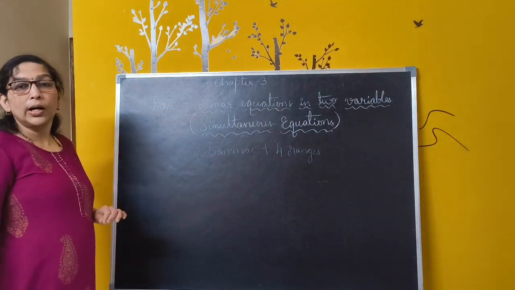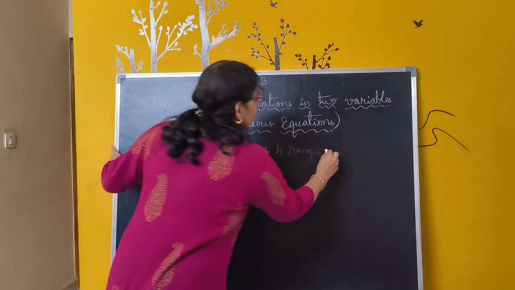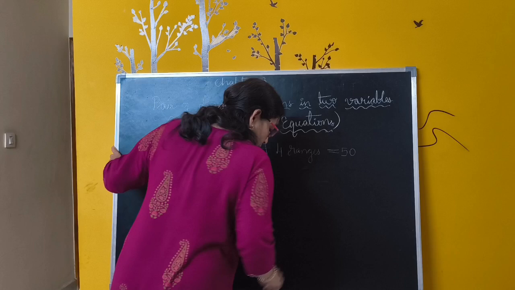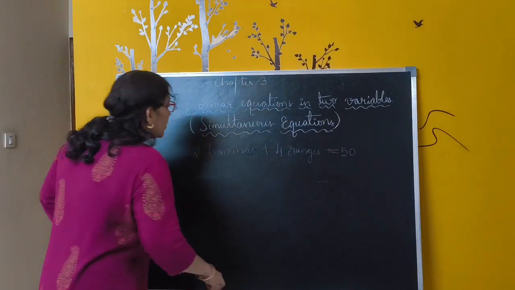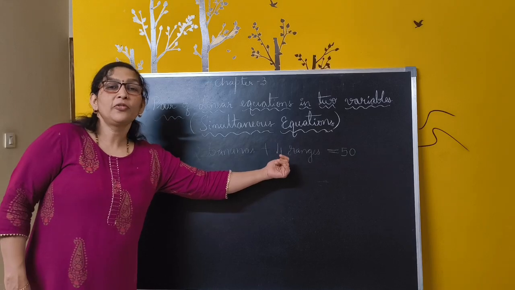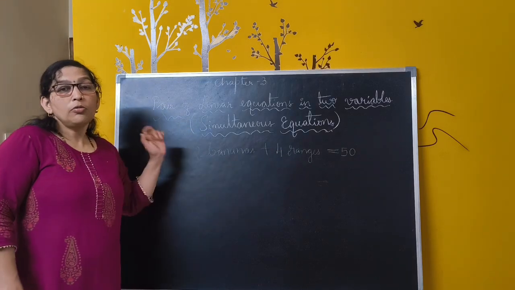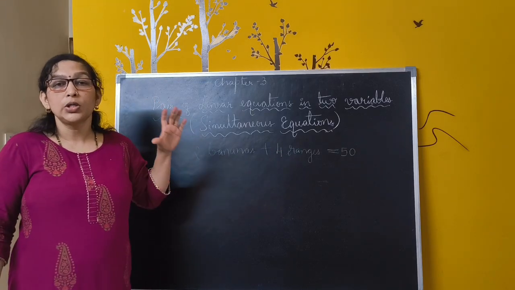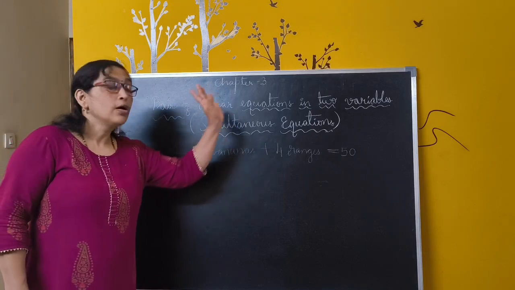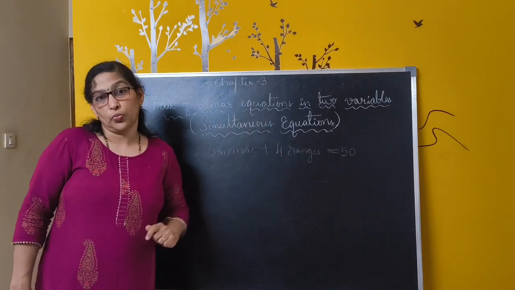Total amount you have paid is 50 rupees. Okay, so you have paid 50 rupees, that is the total amount for 2 bananas and 4 oranges. Now you want to know how much you have paid for each of the fruit. That is, you want to know the cost of 1 banana and 1 orange.